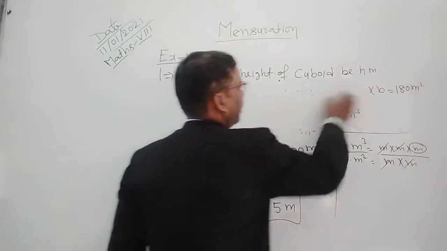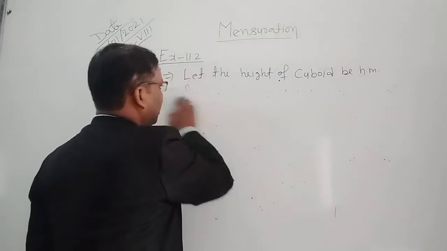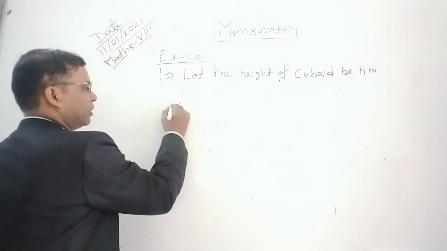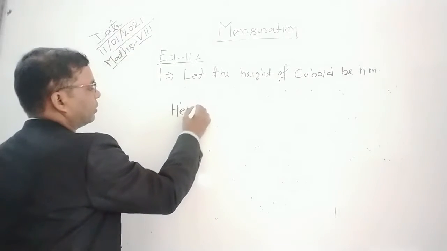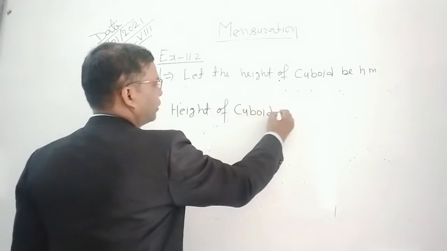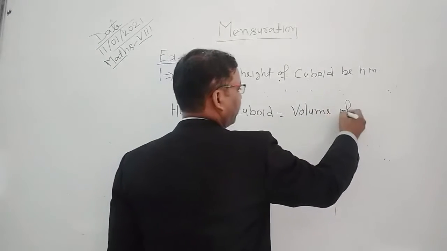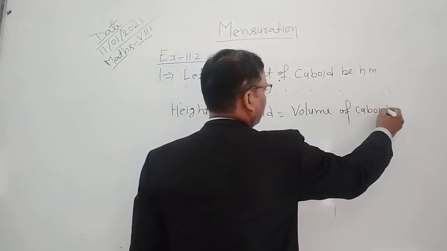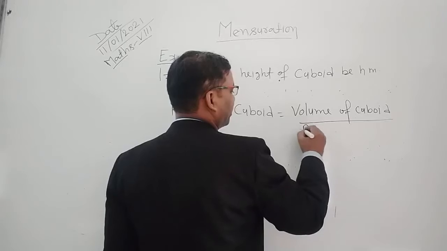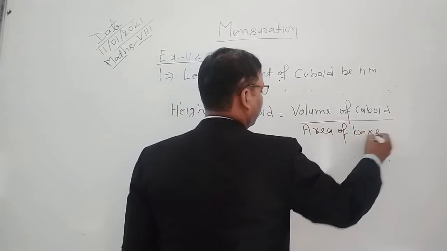If you take the height of the cuboid, which is 8 meter, and the area of the base is given and the volume is also given, then you can write this formula: height of cuboid is equal to volume of cuboid divided by base area of the cuboid.